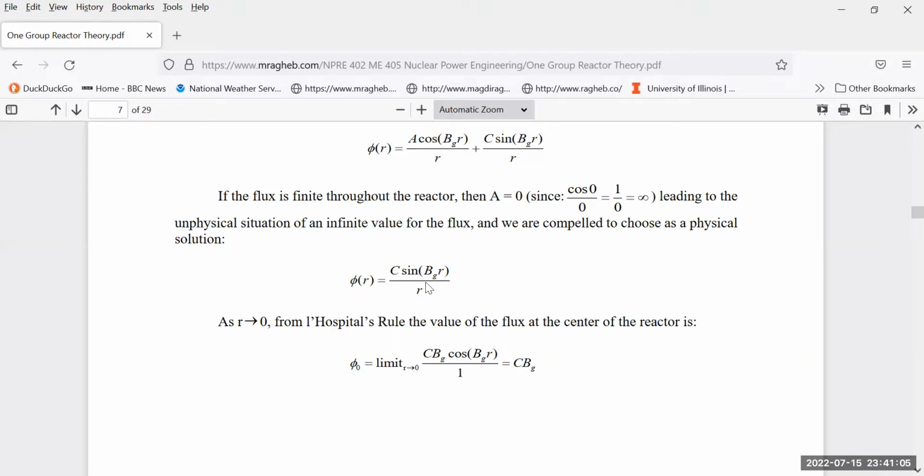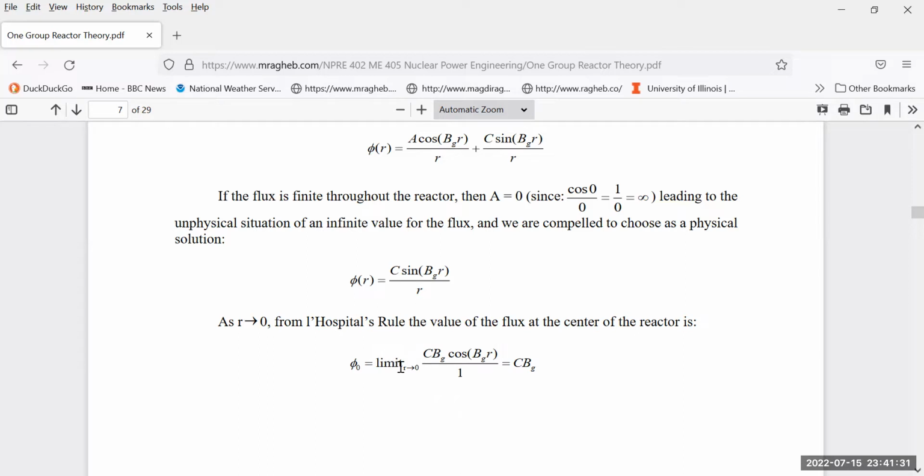L'Hopital's rule takes the derivative of the numerator, which is C, the sine becomes a cosine, and then you take the derivative of the argument, B_G r, which gives you a B_G right here. You divide it by the derivative of the denominator, d by dr of r, which is 1.